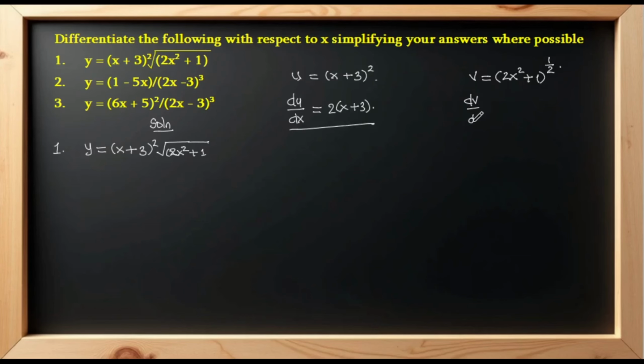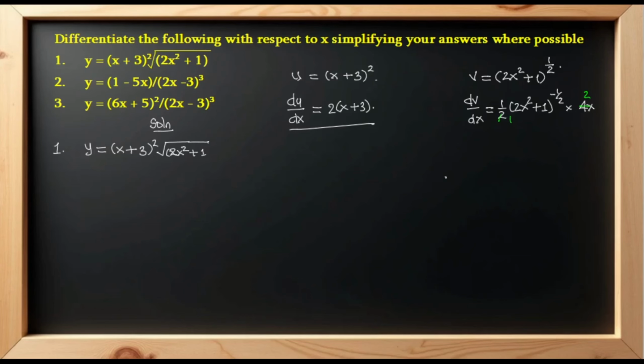Differentiating v with respect to x will give us multiplying by the power 1/2, and then maintaining the bracket plus 1 less power. Reducing this 1/2 by 1, we get negative 1/2, and then we multiply by the derivative of the inside bracket, and that is 4x, and we can reduce these 2 to 1, then 4 by 2 making 2.